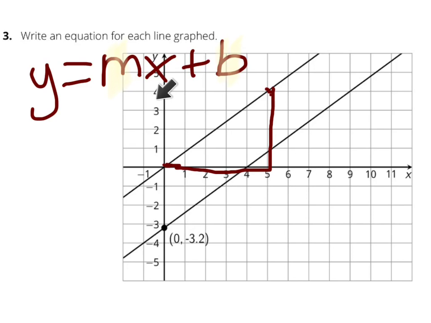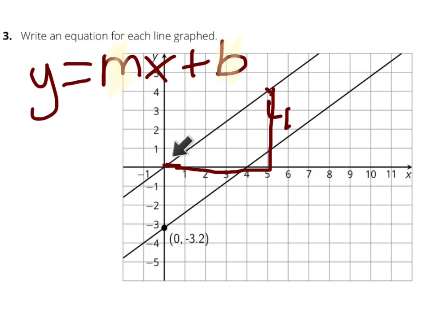I'm going to look at what they're counting by on the y's for the rise. They're counting by ones, which means that this is 1, 2, 3, 4. And looking at what they're counting by for the run on the x-axis, they're counting by ones.